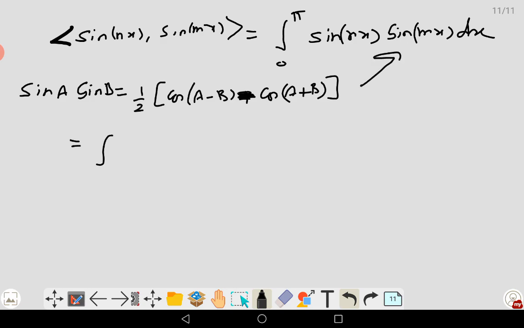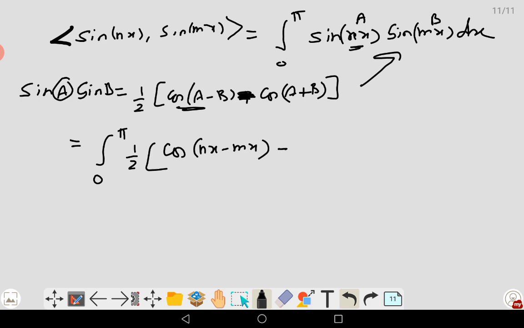Therefore integration becomes 0 to pi. So instead of a, you have nx, so a is nx, b is mx. Write this one: 1 over 2 cosine (a minus b), nx minus mx, minus cosine (nx plus mx) dx.